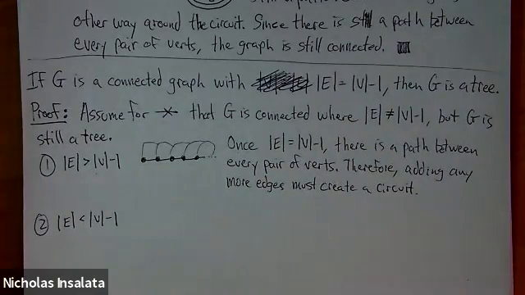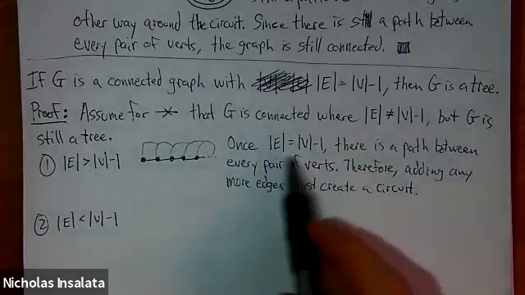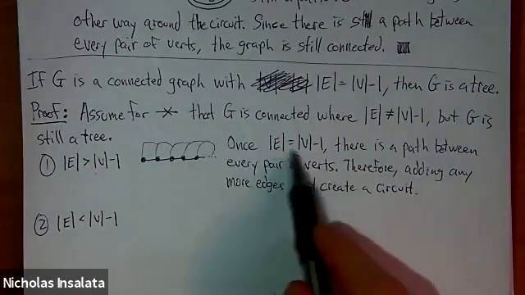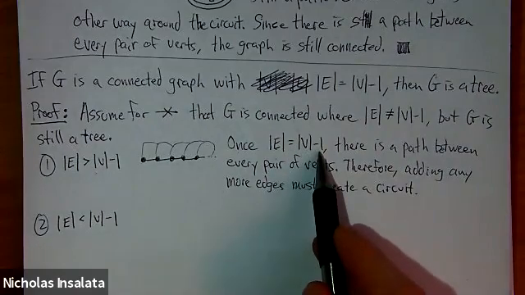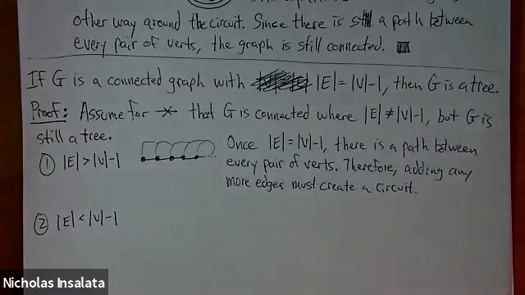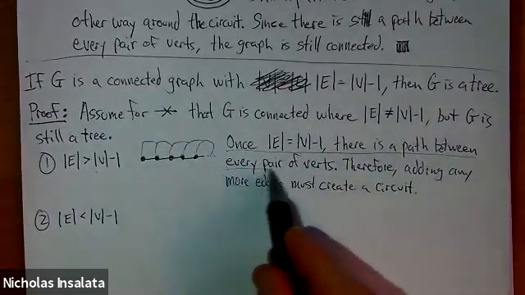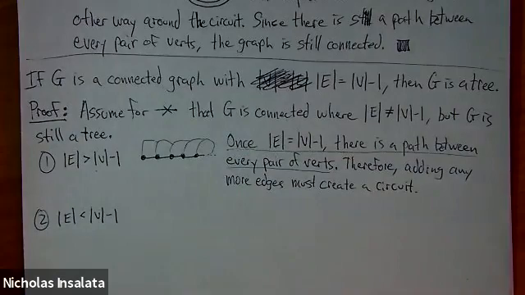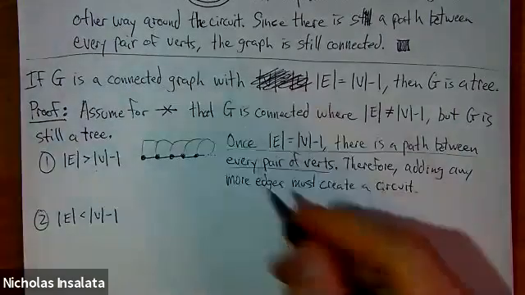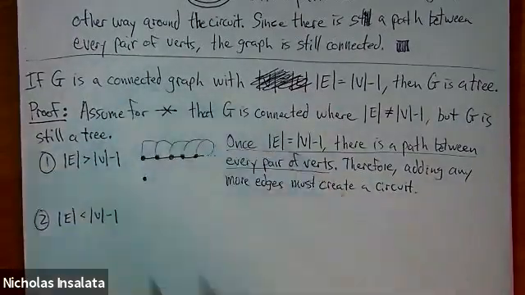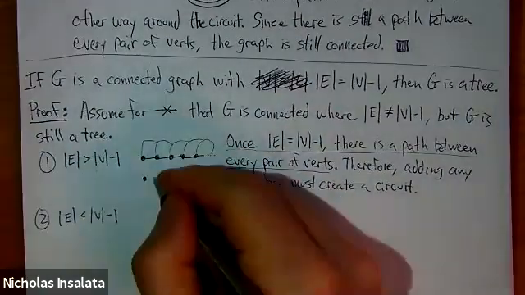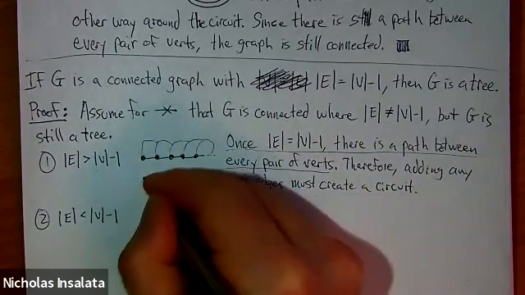Okay, well, why would it be that once we get up to the number of vertices minus one for the edges, there's a path between every pair of vertices? Well, I think, David, your comment there is right. Our first proof covered this part, this sentence, by construction, right? Because what we said was, we start off with a single vertex and no edges, and for each additional vertex that we add, one more edge.